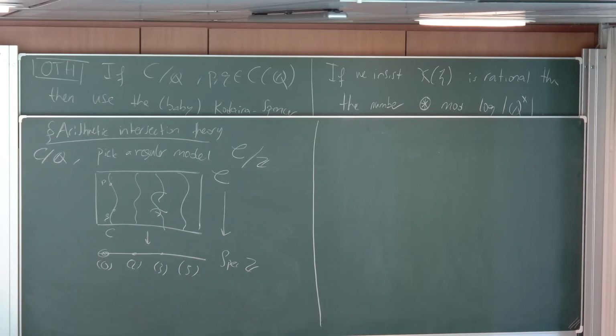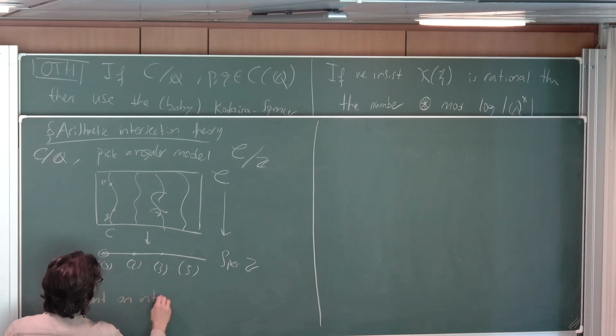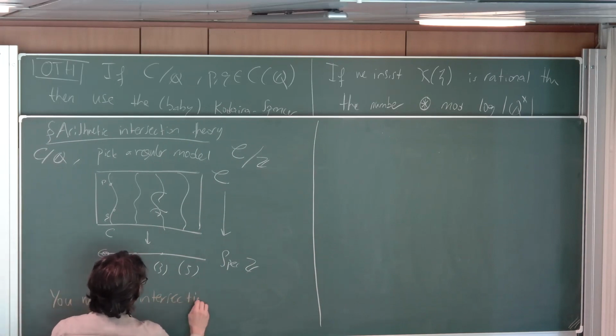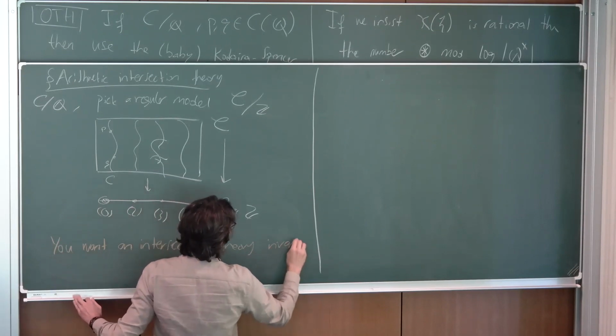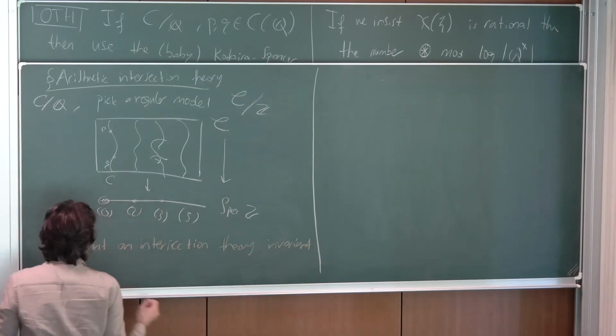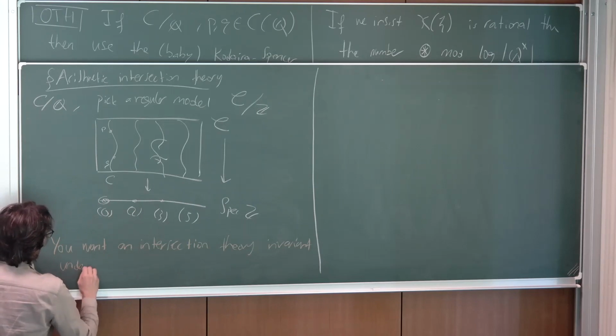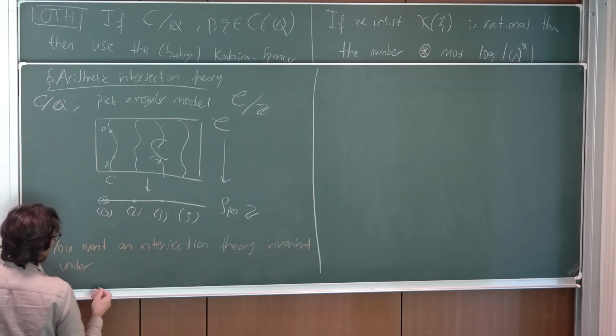So they could not define, and it's clear that you cannot define, intersection theory that's invariant under rational equivalence, just like in actual geometry, where you're allowed to move cycles by rational equivalences.